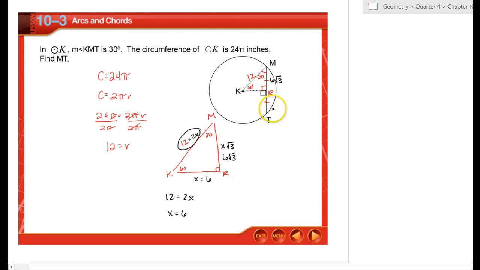I'm interested in what MR is because it's half of MT. So then MT is twice 6 square root of 3. Therefore, MT is 12 square root of 3 inches.